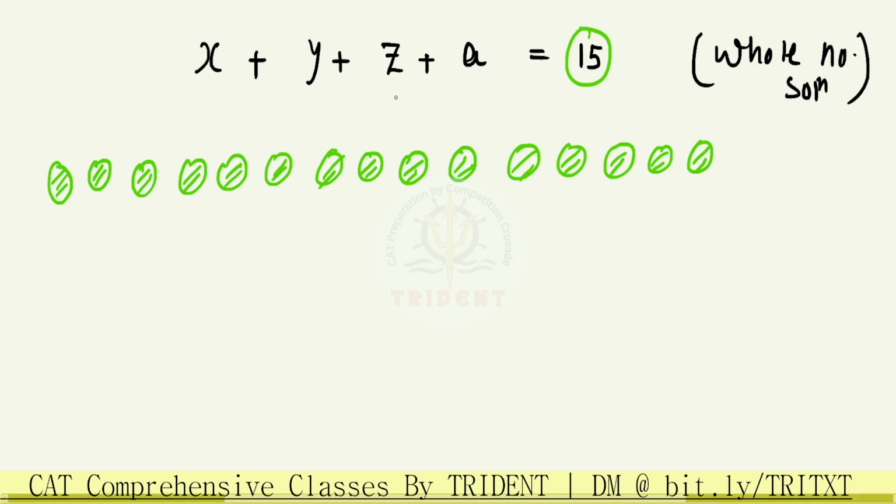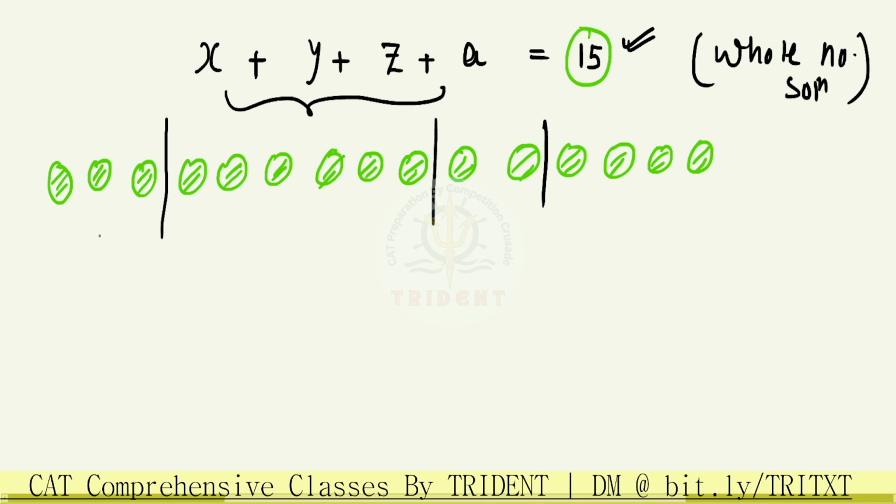To distribute them, all I need to do is just create partitions. Suppose I create a partition over there and I create a partition over there. It is very important for you to create partitions which are going to be one less than the total number of variables that are there. Because if you create 3 lines or 3 partitions, only then you will be able to distribute the 15 chocolates into 4 areas.